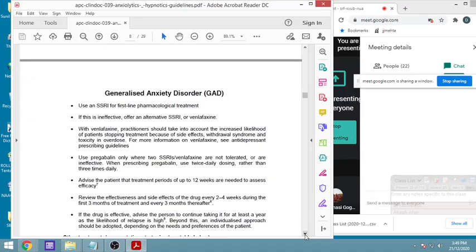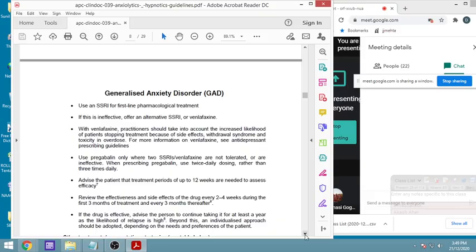Already we have seen what kind of drug we are going to use. We are going to use SSRIs for first line treatment. If it is ineffective, then we can go for alternative SSRIs, or we can go for venlafaxine. Then there is an increased likelihood of patients stopping treatment because of side effects, withdrawal symptoms, and toxicity in overdose. So whatever antidepressant guidelines we have seen, accordingly we can go.